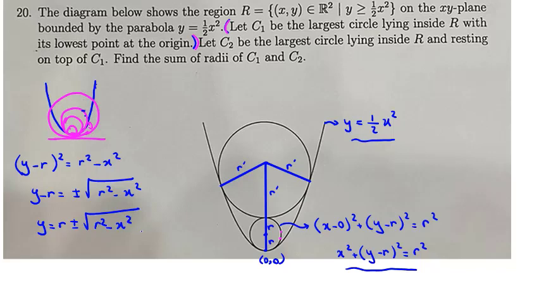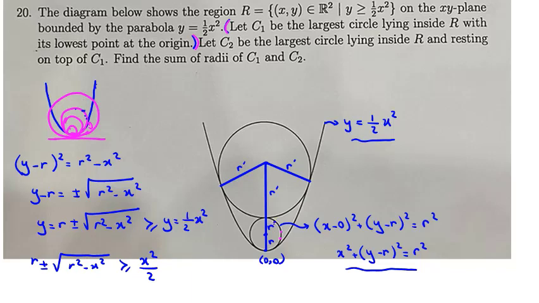So the y of the circle should always, for any x, be greater than or equal to the y coordinate of the parabola here. So we conclude r plus or minus root of r squared minus x squared is greater than or equal to x squared over 2. Now, why do we have plus or minus?